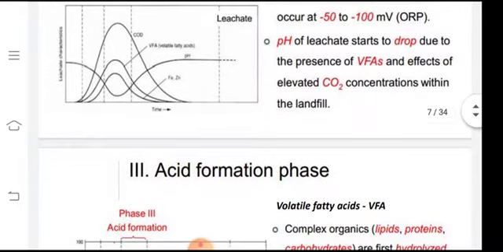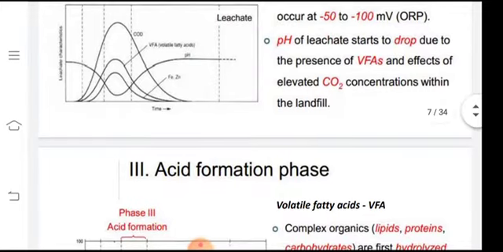When the pH level of any landfill is reduced, it means our COD and BOD will be increased.